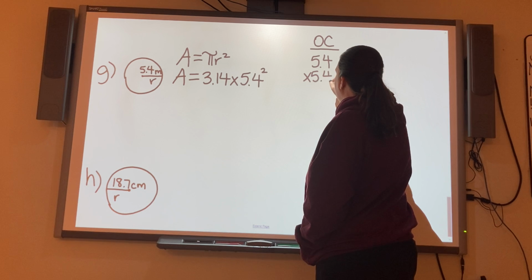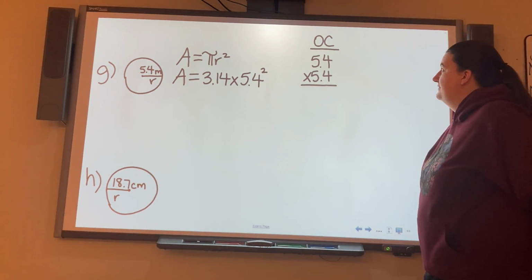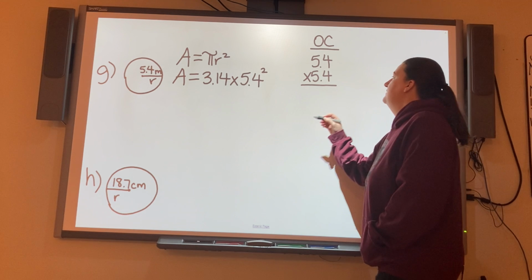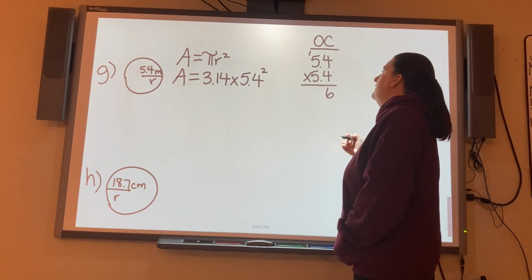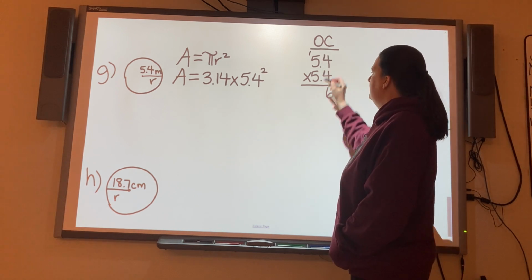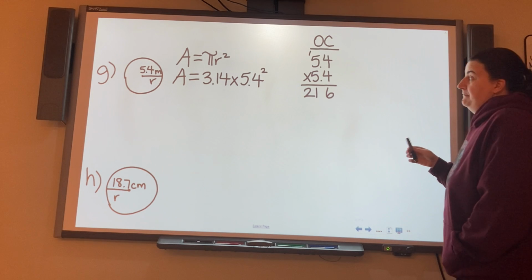BEDMAS says we have to do the exponents first. So 4 times 4 is 16, carry your 1. 4 times 5 is 20, plus the 1 that you carried is 21.